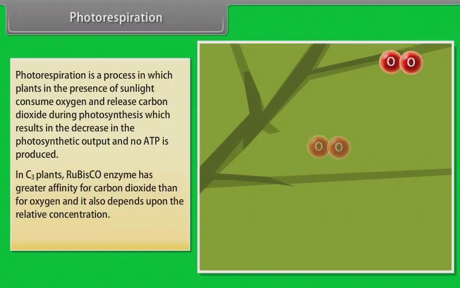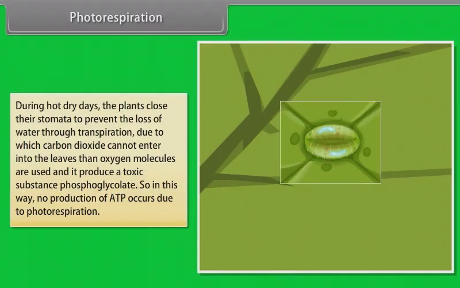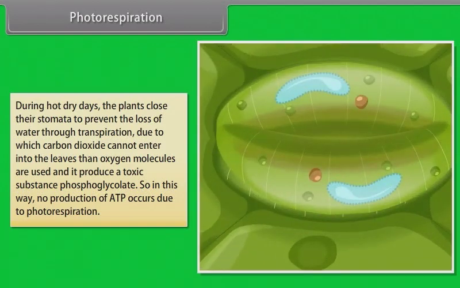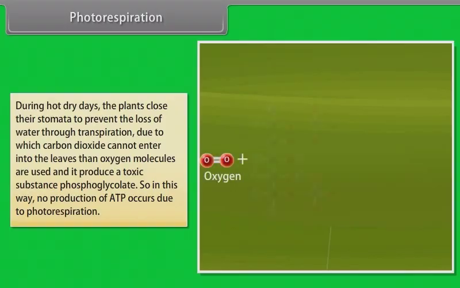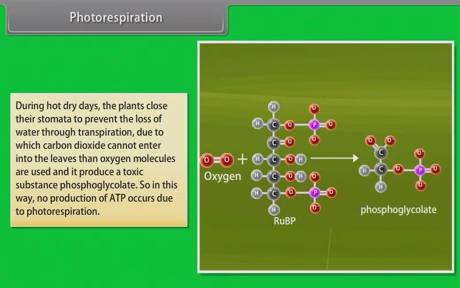In C3 plants, the Rubisco enzyme has greater affinity for carbon dioxide than for oxygen, and it also depends upon the relative concentration. During hot, dry days, the plants close their stomata to prevent the loss of water through transpiration, due to which carbon dioxide cannot enter the leaves, so oxygen molecules are used and it produces a toxic substance, phosphoglycolate.